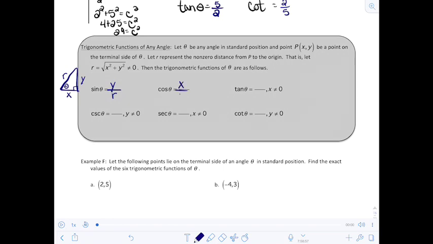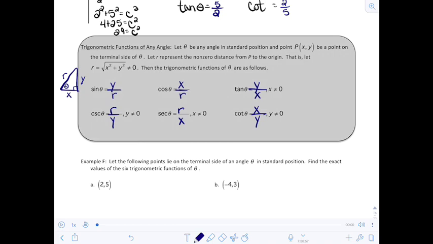The cosine of theta would be x over r, adjacent over hypotenuse. The tangent is still y over x, nothing to do with the hypotenuse. And then the reciprocals. So the cosecant would be r over y, as long as y is not 0. The secant would be r over x, as long as x is not 0. And the cotangent would be x over y, as long as y is not 0.